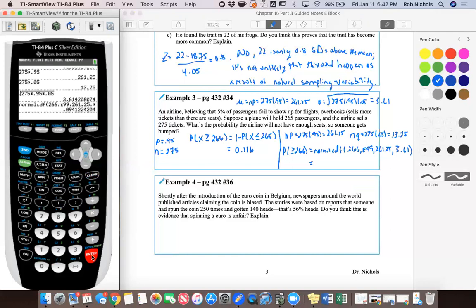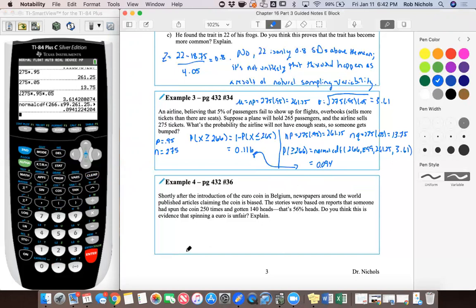All right, and I get 0.094. So, as you can see, you get pretty close to the probabilities, but not exact. Okay, this is why this is called the normal approximation to the binomial.